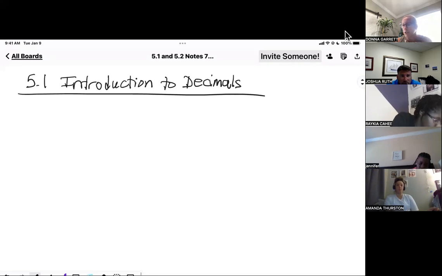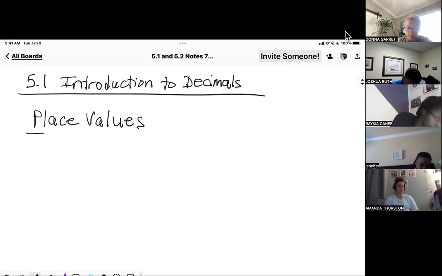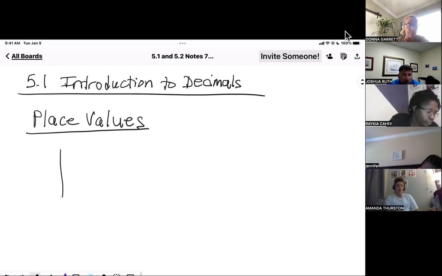Well, this whole chapter actually. The first thing we need to know about decimals is place value. So I'm going to try to write this kind of vertically, but when we do numbers, we talked about the left side of the decimal point.